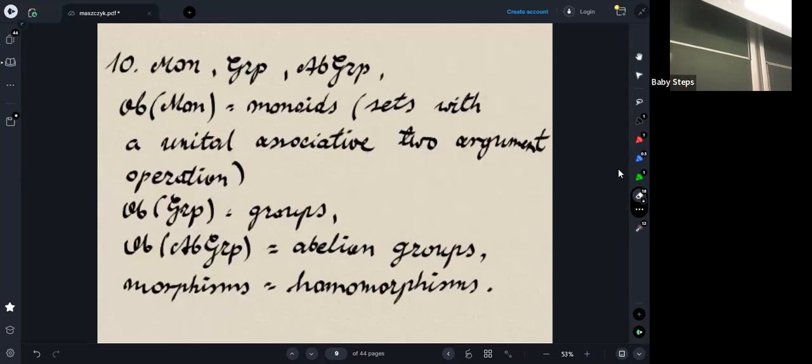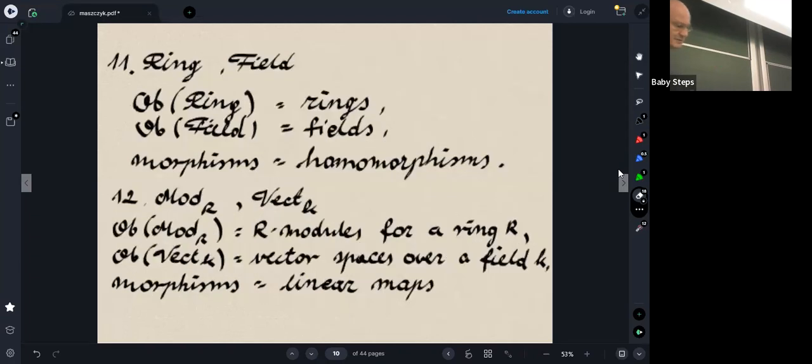More algebraic examples. First of all, the category of monoids, category of groups, category of algebraic groups with homomorphisms between objects also are examples of categories.